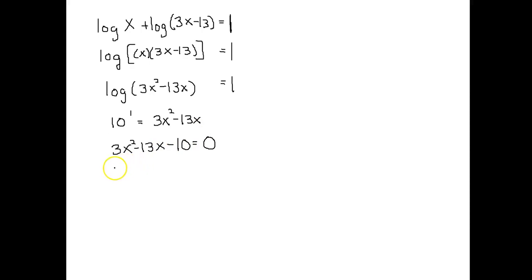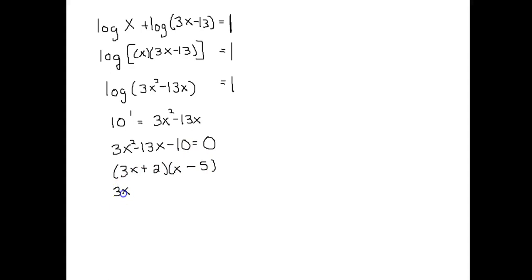I'm going to try factoring it. If you'd rather use the quadratic formula, you're more than welcome. 2, 5, minus, plus. Minus 15 plus 2 will give me minus 13, and plus 2 times minus 5 will give me minus 10. So there we go.